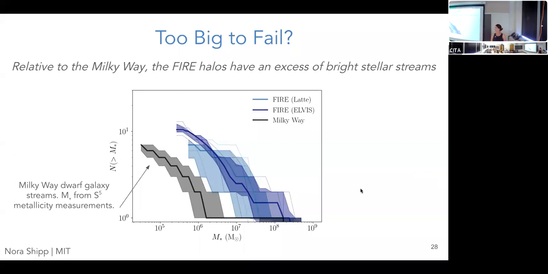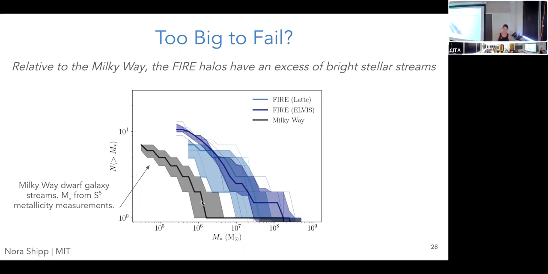So here's a look at the cumulative stellar mass distribution in the Milky Way and FIRE. So blue here is the stellar mass distribution of streams in the FIRE simulations. The lighter blue is Latte, darker blue is ELVIS. So they're separated both because they have slightly different resolutions, you can see ELVIS goes down a little bit further, and just so we can try to see whether there is a difference between these populations in the isolated versus paired hosts.